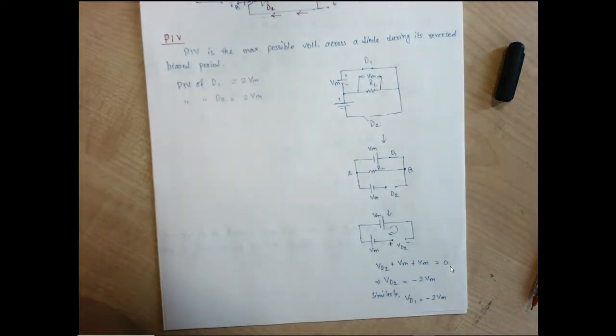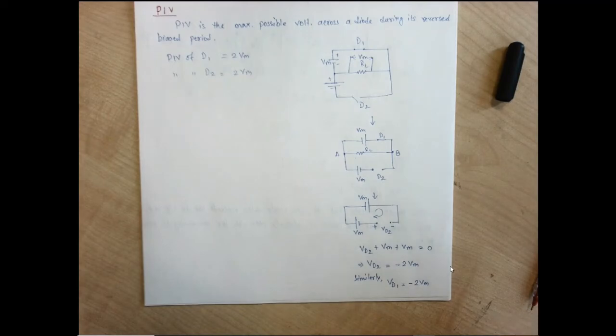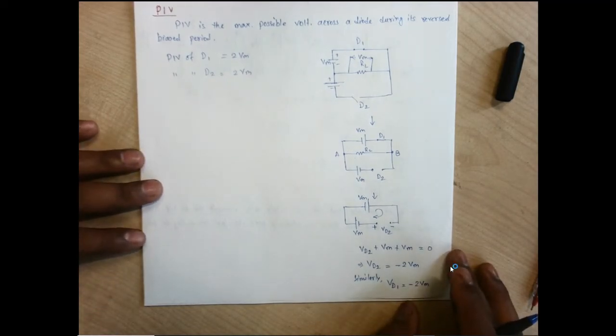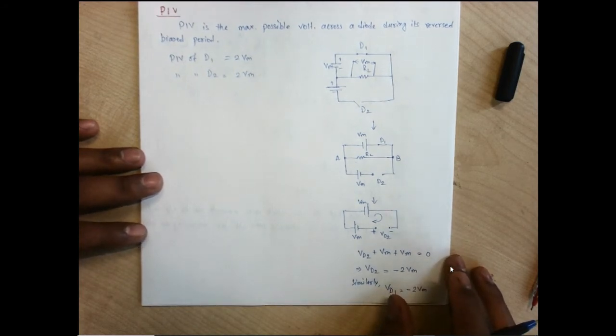That is all about it. Okay, clear? Anyone having any confusion on this? This negative voltage indicates that the opposite polarity of the power supply is connected with the diode.